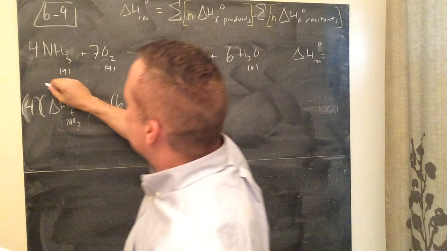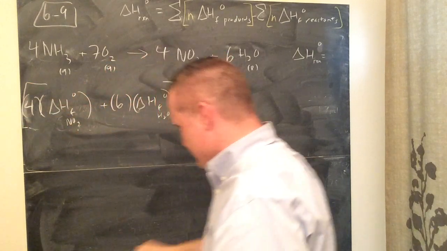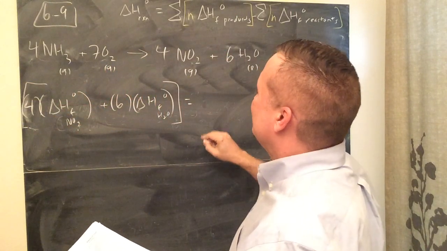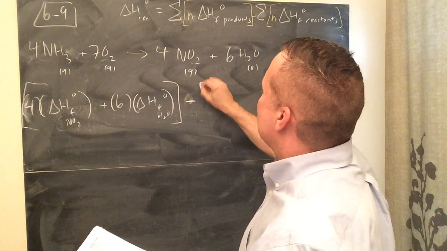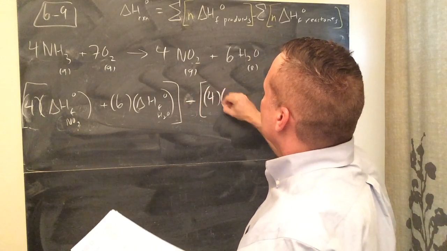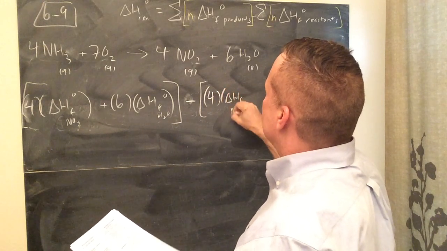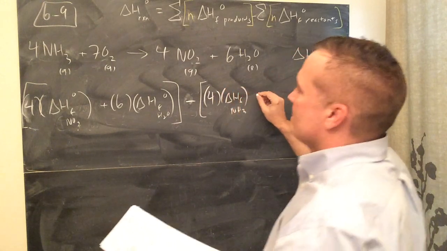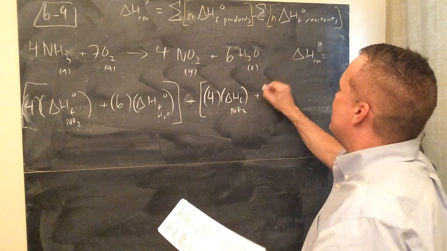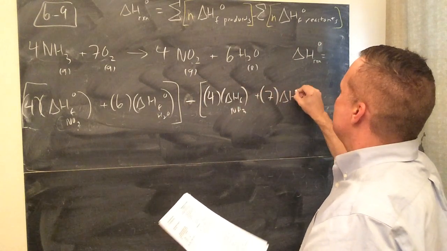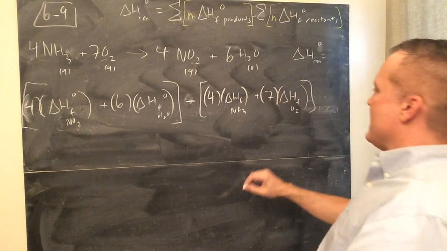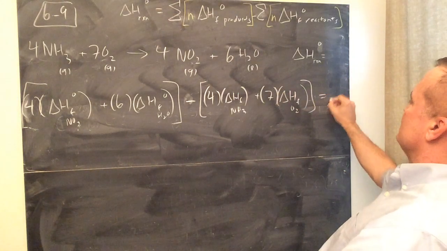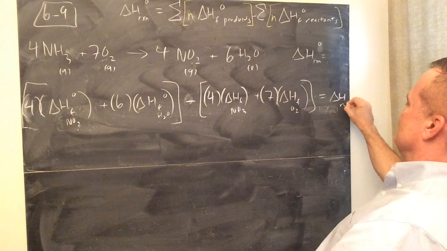Now I'm going to put brackets around that as well. Like the chalk. I'm then going to say minus 4 times the delta H of formation of NH3 plus 7 times the delta H of formation of O2, oxygen. All of that will give me the delta H of reaction.